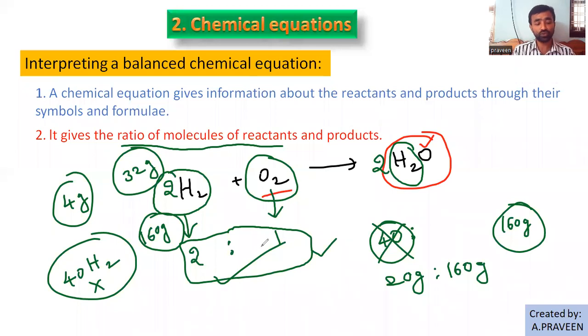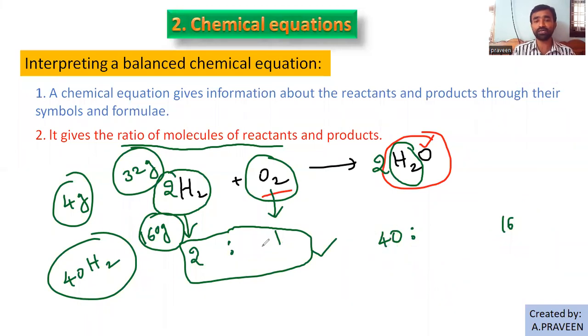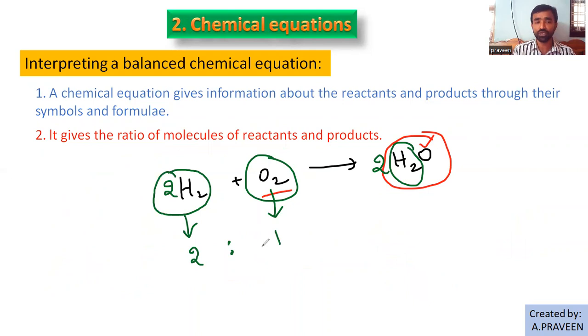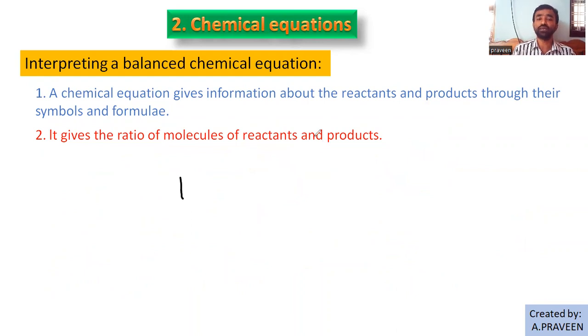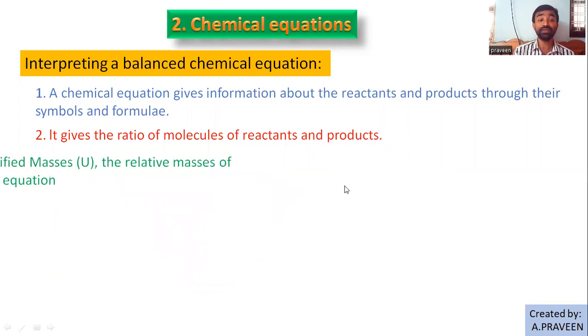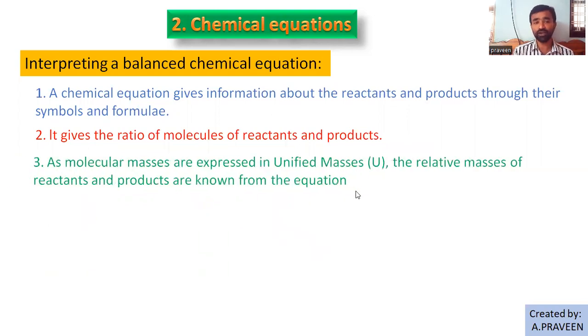2:1 only. So we will calculate those masses in terms of moles. So what are moles here? Moles are nothing but, if you express the given masses in grams, so unified mass is taken and converted into grams, that is called gram molecular weight.